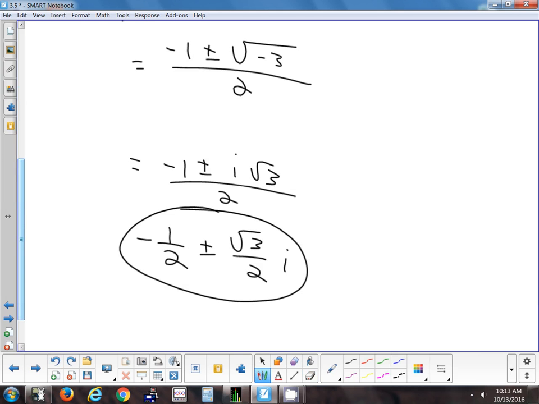What do you notice about the roots here? You got negative 1/2 plus root 3 over 2i, negative 1/2 minus root 3 over 2i. And they're a pair, and specifically, what's the relationship between those two? What kinds of numbers are those?